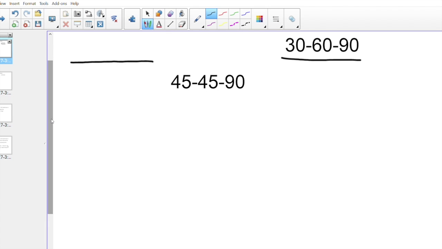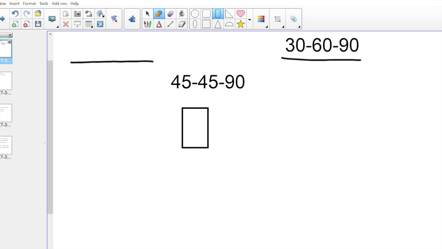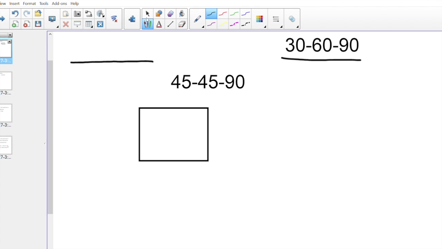To find a 45, 45, 90, we start out with using a square. Think of a square. And each side of the square has a length of 1, whether it's 1 inch, 1 foot, 1 yard. Now, we do have a right angle at each one of the corners.